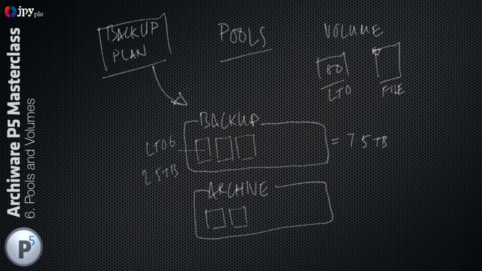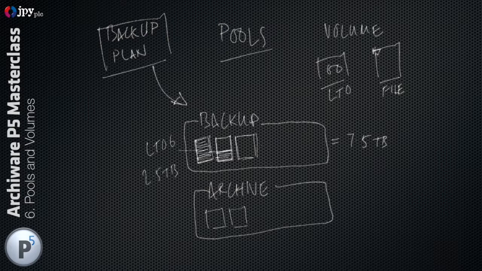So a backup runs, targets a pool, and within that pool there will be volumes, hopefully, otherwise it's not going to work. The job runs, starts writing to the first volume, fills that one up, writes to the next volume, and then it's done. The next time it runs, it continues writing to that pool. There's also the concept of recycling volumes within pools, which we'll come back to. So that's the general concept behind pools.